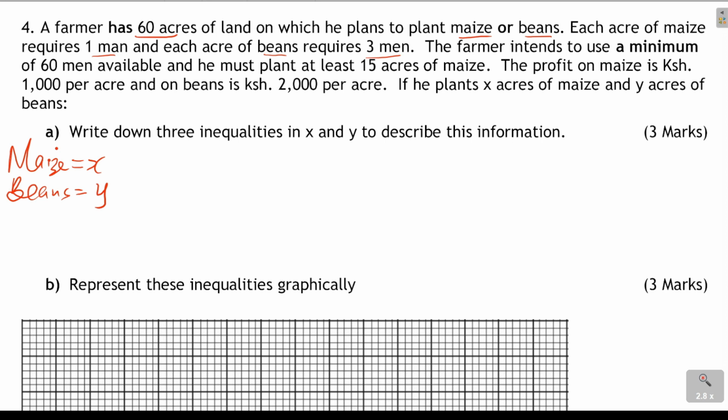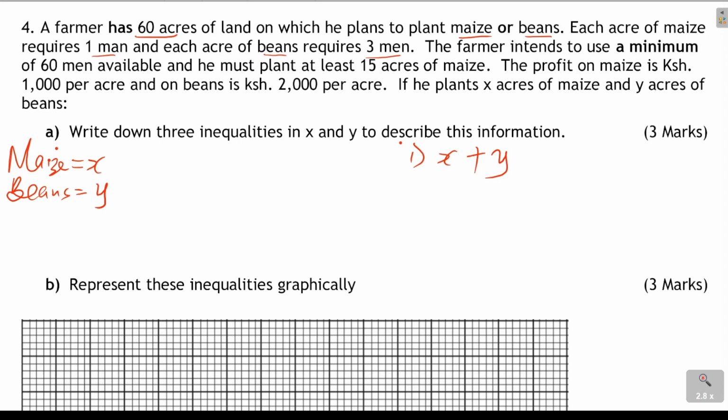So since he has 60 acres from the first statement, and the acres for maize are X, acres for beans are Y, we can write the first inequality from that statement: if we take the acres of maize plus the acres for beans, that should give us 60. So he has 60 acres of land.